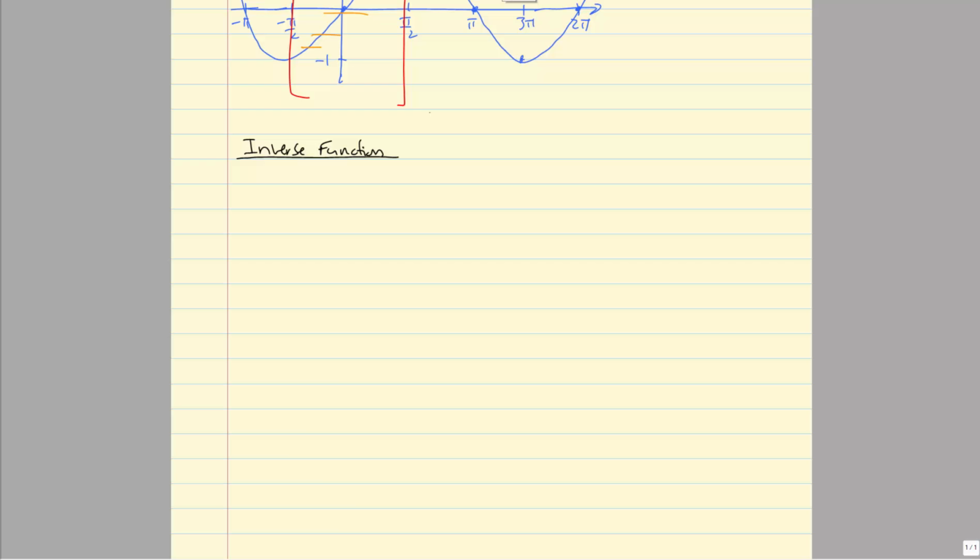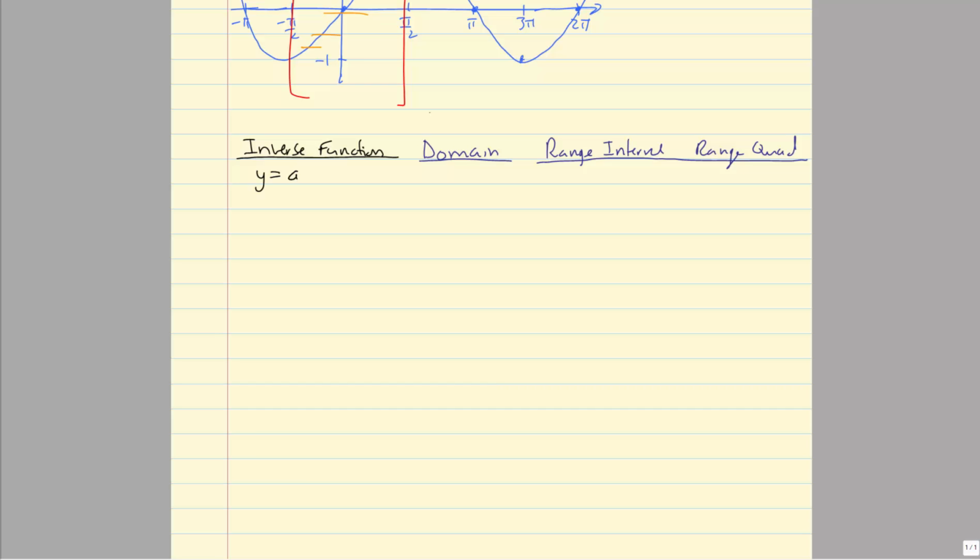So we have the inverse function, we have a domain for that inverse function. Then we have the range, and we're going to split the range up into two pieces: the range interval and the range quadrants. Okay, so let's go ahead and start with y equals inverse sine of x.